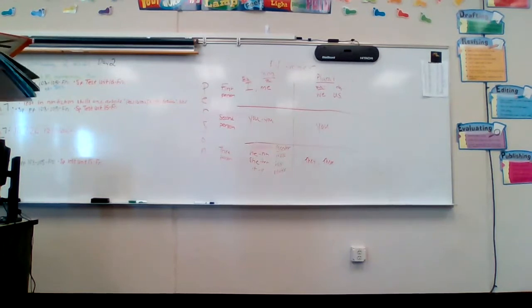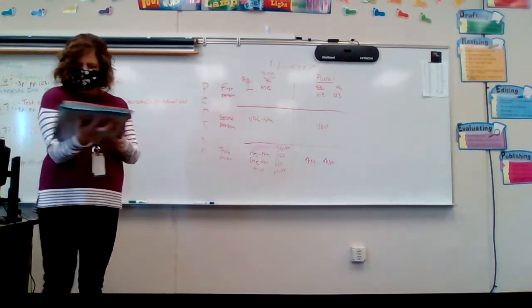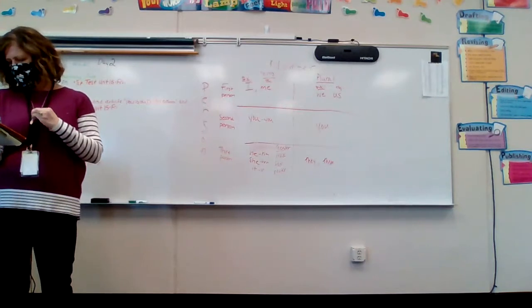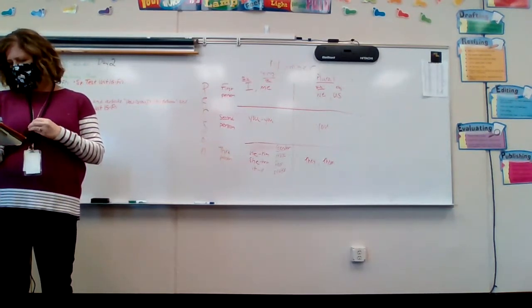Nathan, can you read that first little paragraph underneath the chart? Personal pronouns change depending on a person, whether they refer to one who is speaking, is spoken to, or is spoken of. Okay, Lily, can you read the next one? Personal pronouns also may have different forms depending on number, whether they refer to one person or thing, or to more than one person or thing.